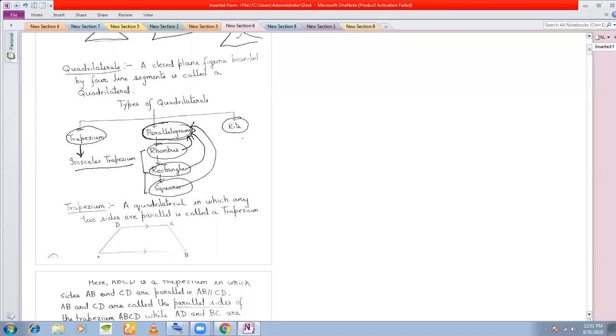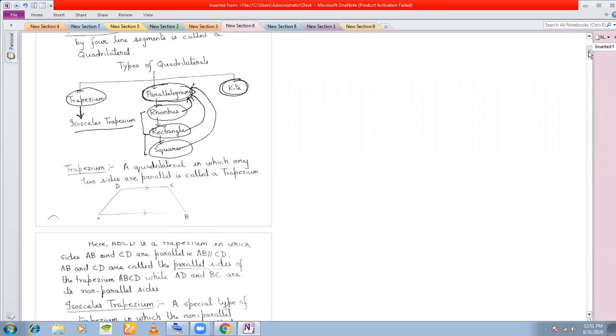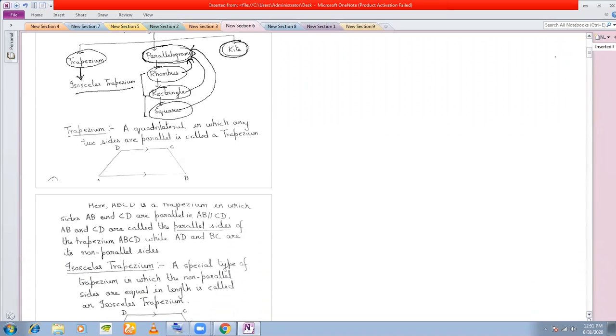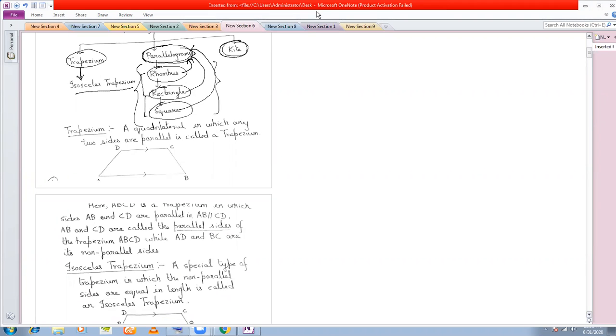Now we'll also study the kite, but the most important ones will be your parallelograms, rhombus, rectangle, and square.